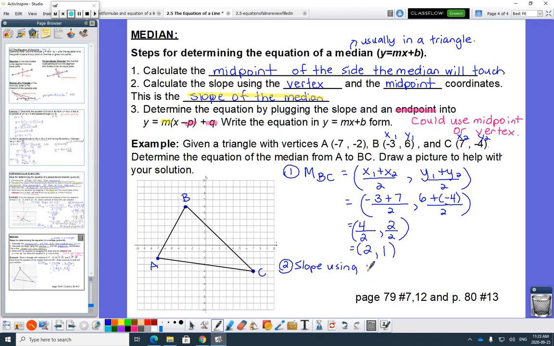So now use the midpoint and whatever vertex it says. It says to go from A, yes. Interesting. Okay. Sorry.